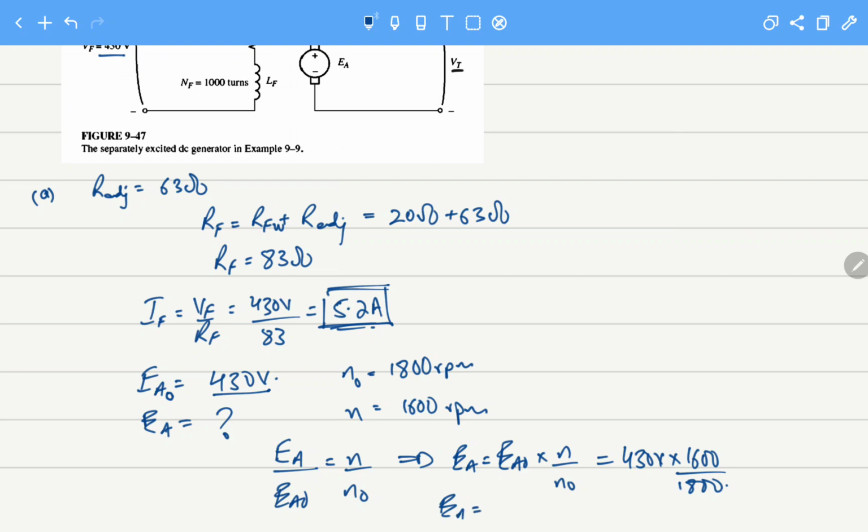So the voltage at lower speed that will be induced in the machine is simply calculated in this way. That will be 382 volts. So this is the voltage at 1600 RPM.